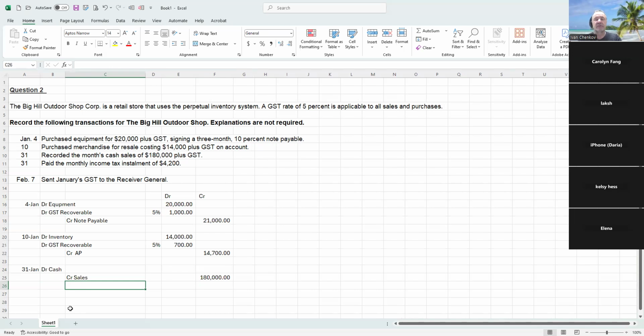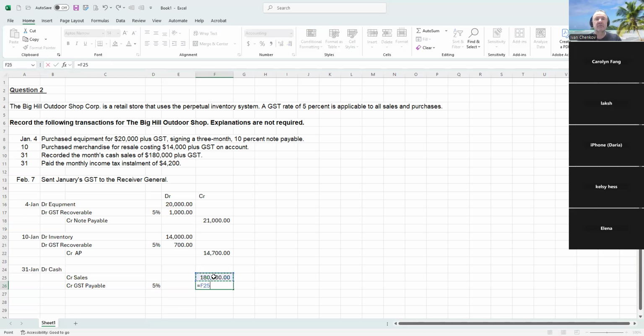Is that the only thing the client is going to owe me? I have to put the GST. Credit GST payable, and the GST payable again will be 5%. We have to charge them 5% on this amount, which is $9,000.